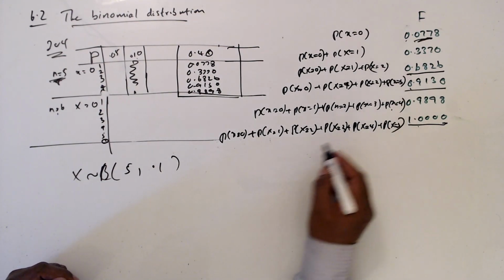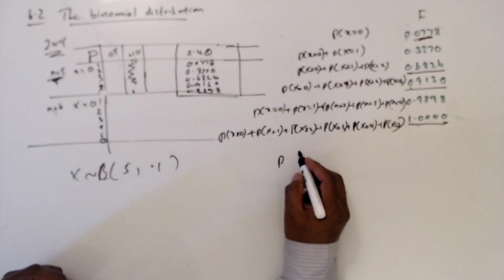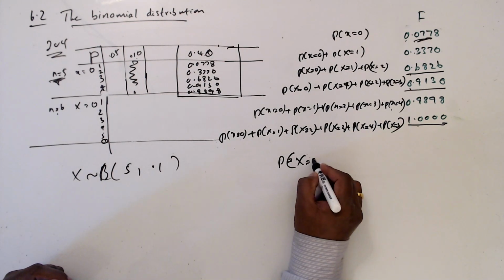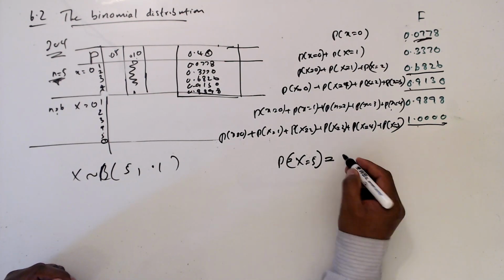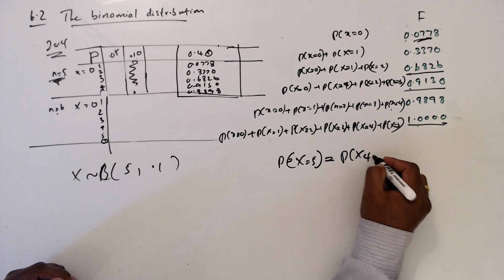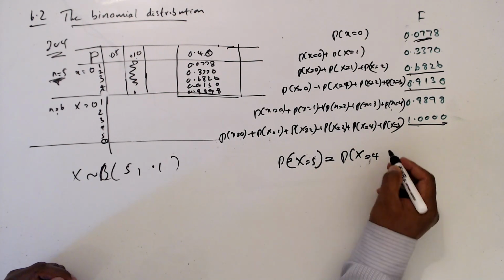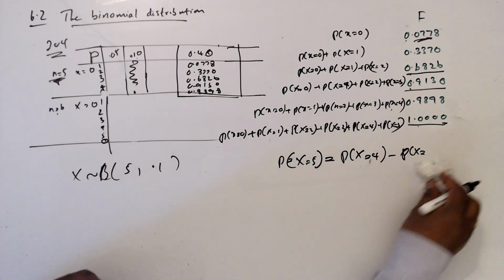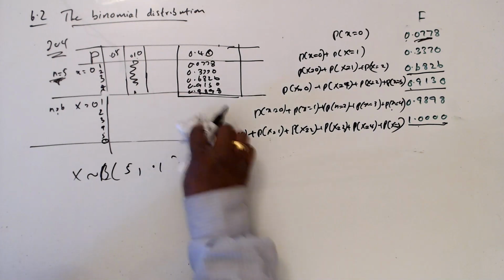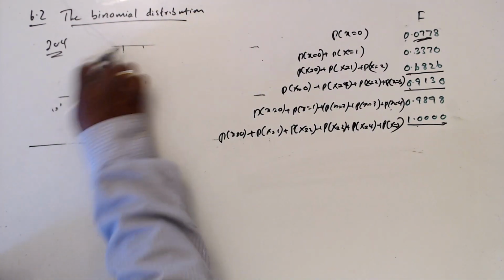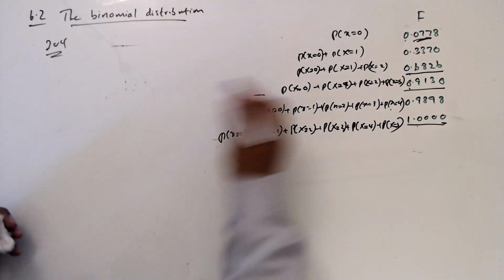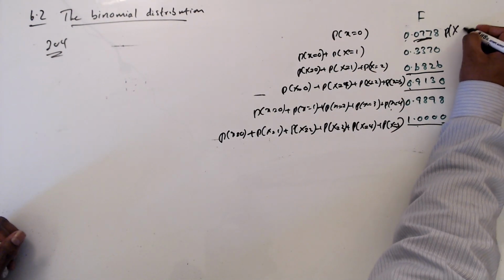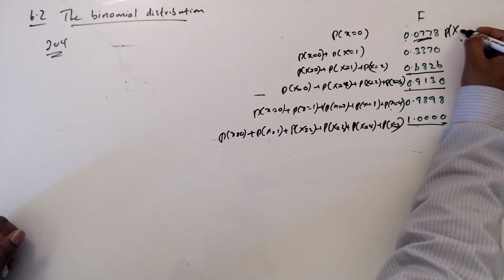Now if you want to find probability of, let's say, x equal 5, then you want to minus probability of x equal 4. This is something you need to know. We write this probability as probability x less than or equal to 0.